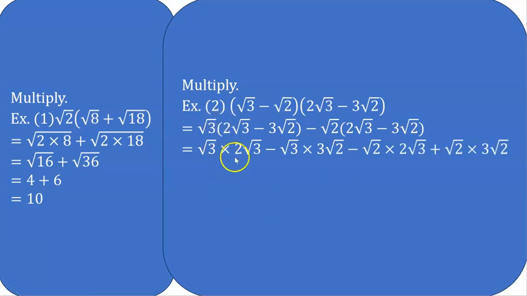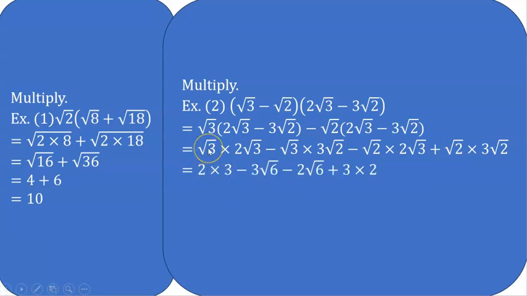Root 3 into 2 root 3, minus root 3 into 3 root 2. Next multiplication, minus root 2 into 2 root 3. Next, minus root 2 into minus 3 root 2; this minus and minus will become plus, so you will get root 2 into 3 root 2.